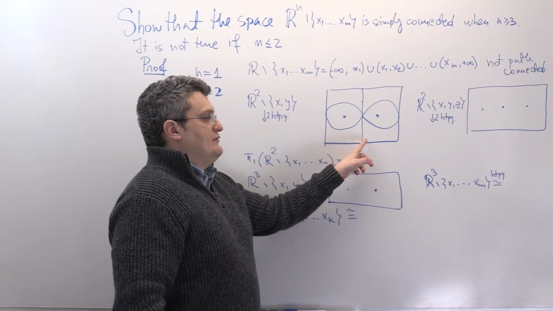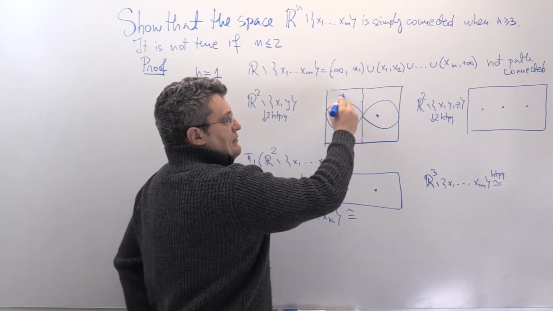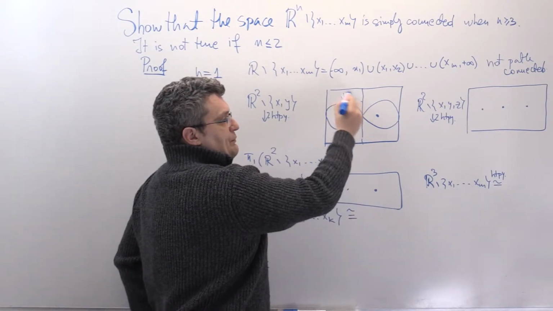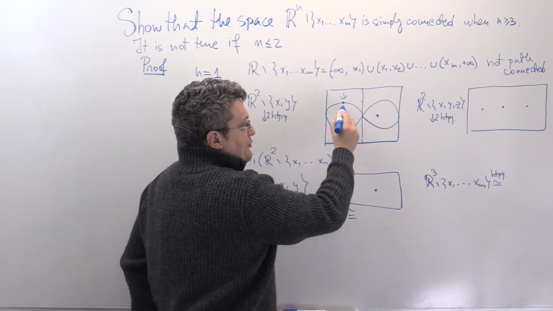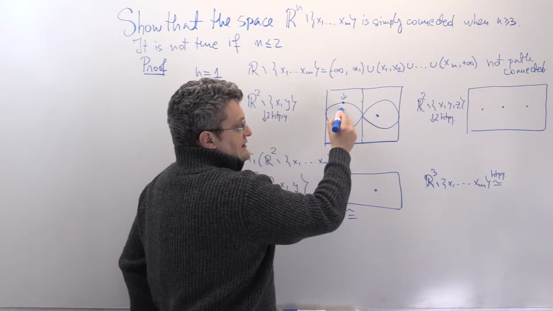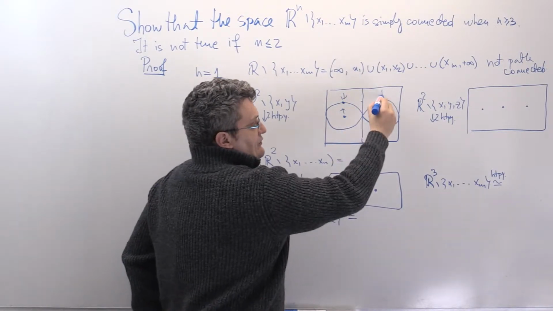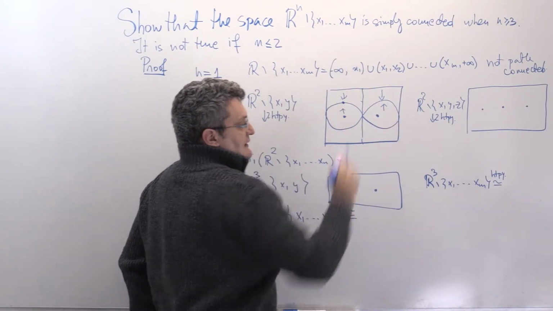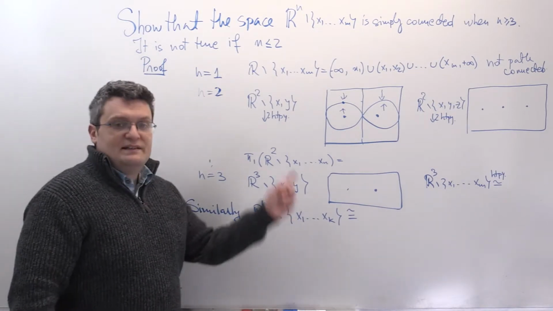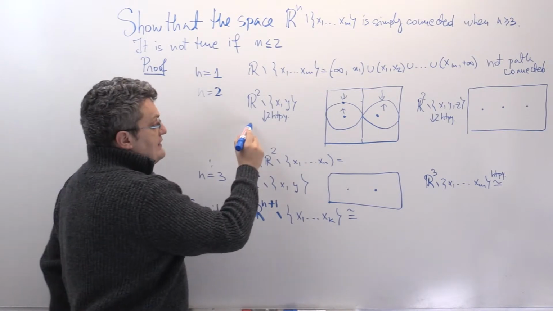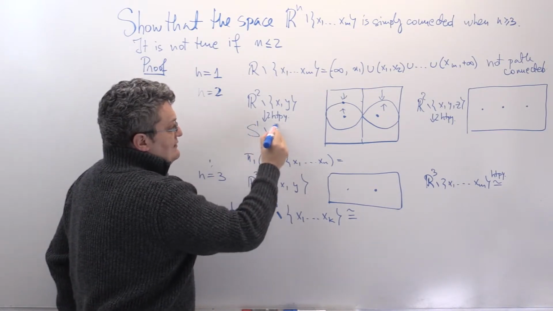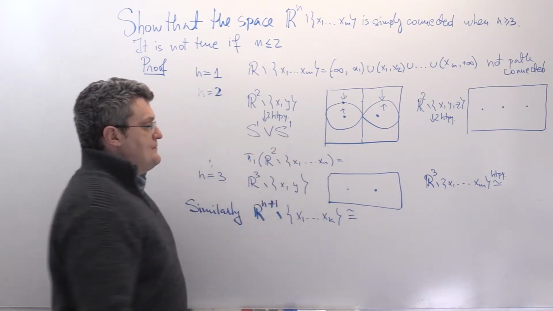So we divide the space, and every point in this part we project on this circle, and every point on this part we project on this circle again, and we do this also for this. So in the end, this projection will tell us that R2 minus 2 points is S1 wedge S1, a wedge of 2 circles.